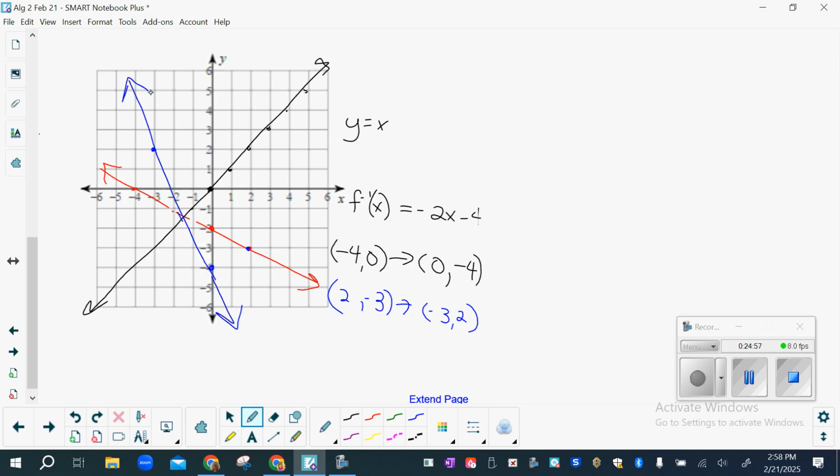Oh, up 6 over -3, sorry, which would be -2. Okay? That's the hardest part, writing the equation to that line.